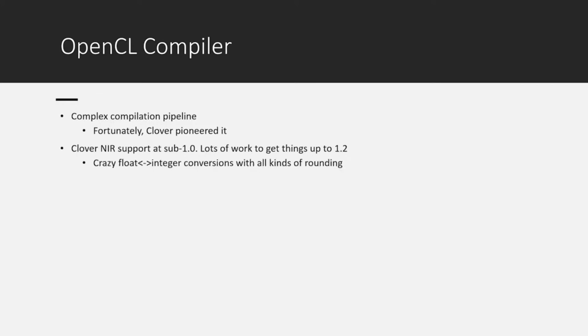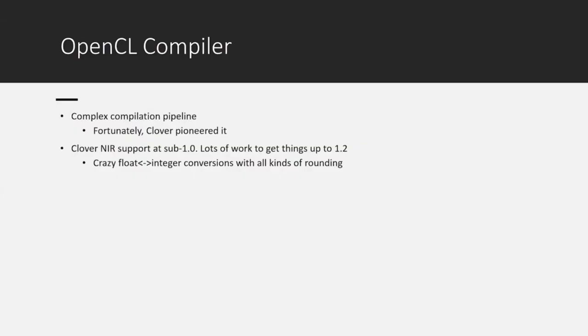Part of that, there's a bunch of crazy conversions that you can do between floating point and integer values. You can do round to nearest even, round down, round up, and round towards 0 on every conversion from every possible type to any other possible type. Support for work item offsets was missing, so CL has the ability to basically say this work item is going to start at a particular offset, and that just wasn't there.